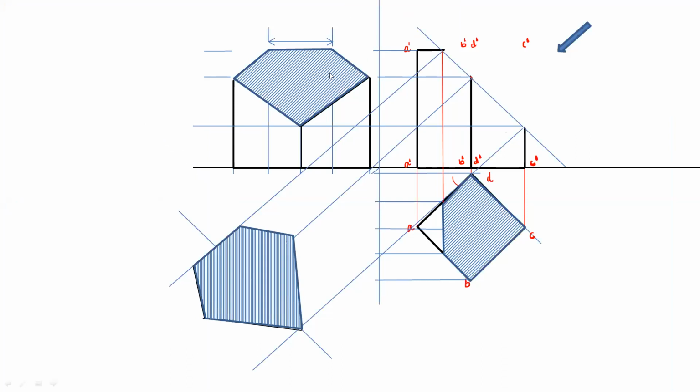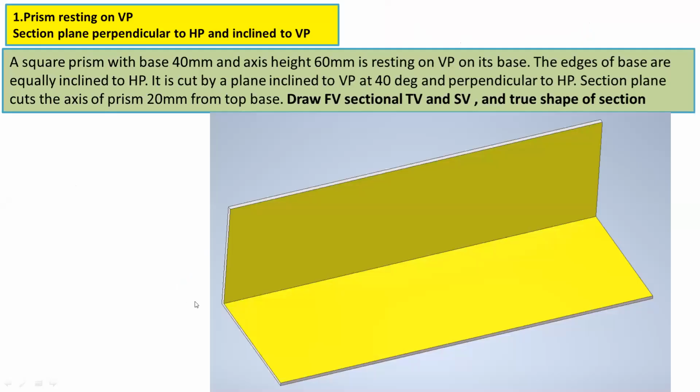Okay, so try to complete this on a drawing paper. Here you can use another method to draw the true shape of this section. Suppose you don't have enough space on the left side.